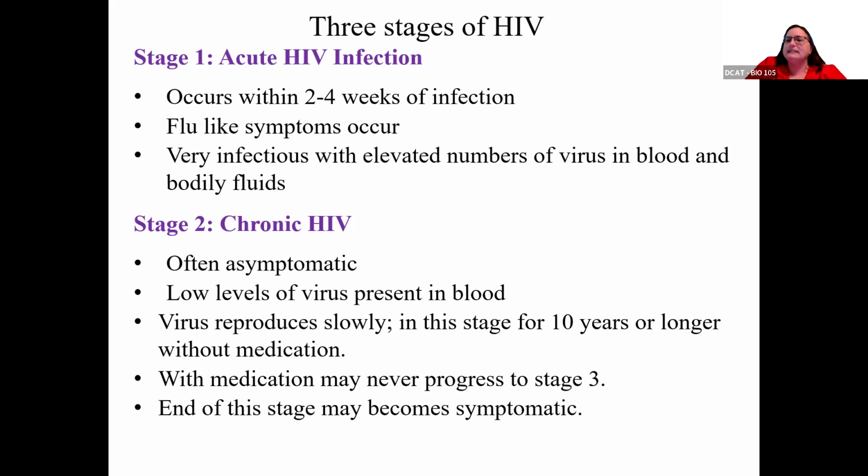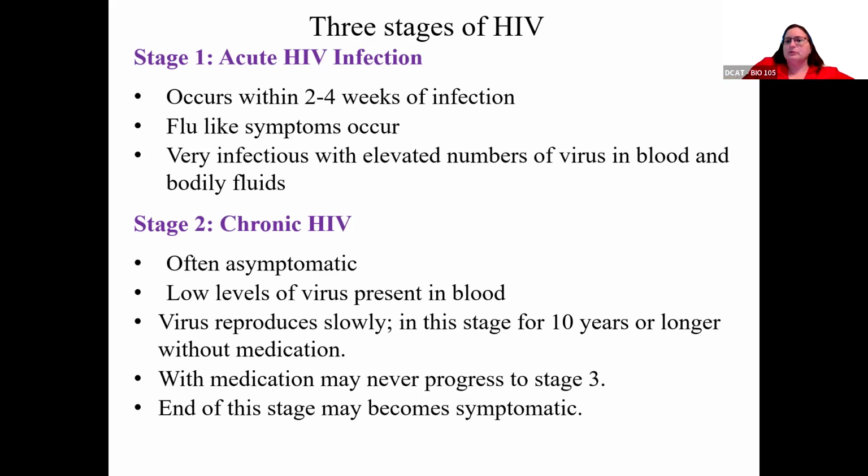So you're often asymptomatic. So you're not having any symptoms, okay? And this is where we said that they have low levels of virus in the blood because our immune system at this point has discovered that, hey, something's going on here, and it is trying to keep it at bay.